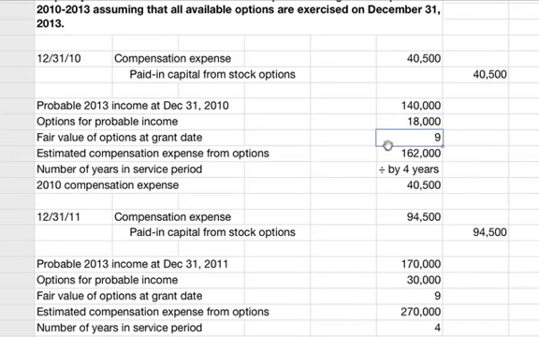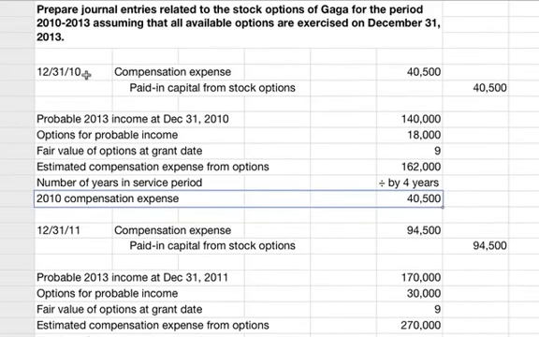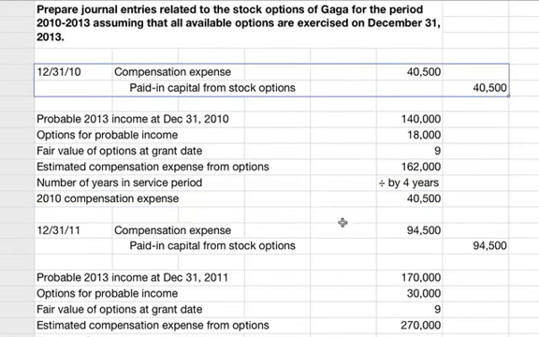The fair value of those options is $9 per option. You multiply these two together to get $162,000, and then you divide that by 4. The service period is 4 years. That would give you a 2010 compensation expense of $40,500.